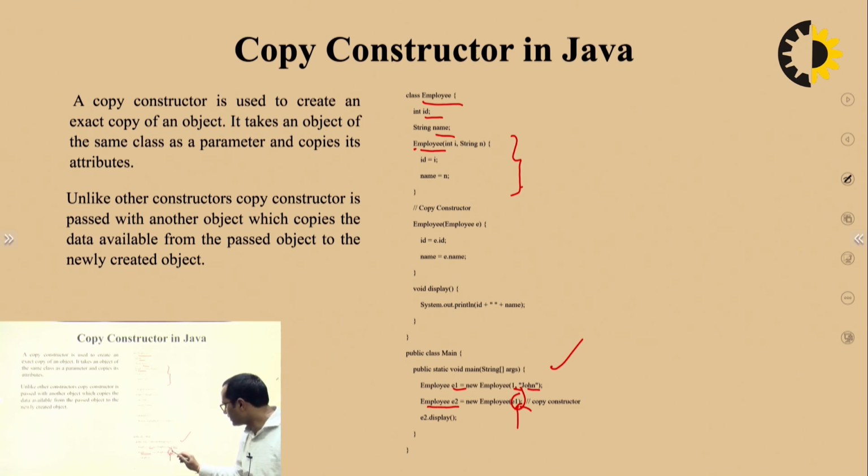We have just passed the object of the same class for which we want to create a copy. That's why here we are collecting the object into the same type of class. We have received the object in E, and we are receiving the values through the object reference variable, ID, and then name.